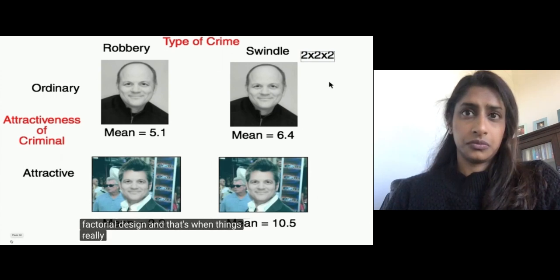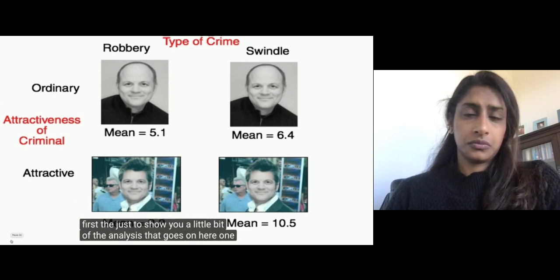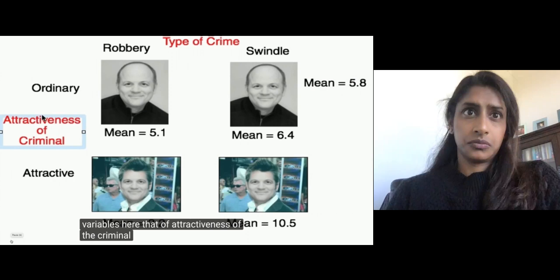and that's when things really get complicated, and that's when you've got to put things on a graph, which we'll do in just a minute. First, just to show you a little bit of the analysis that goes on here, one thing I would do is I would average across one of the independent variables here, that of attractiveness of the criminal. All right.